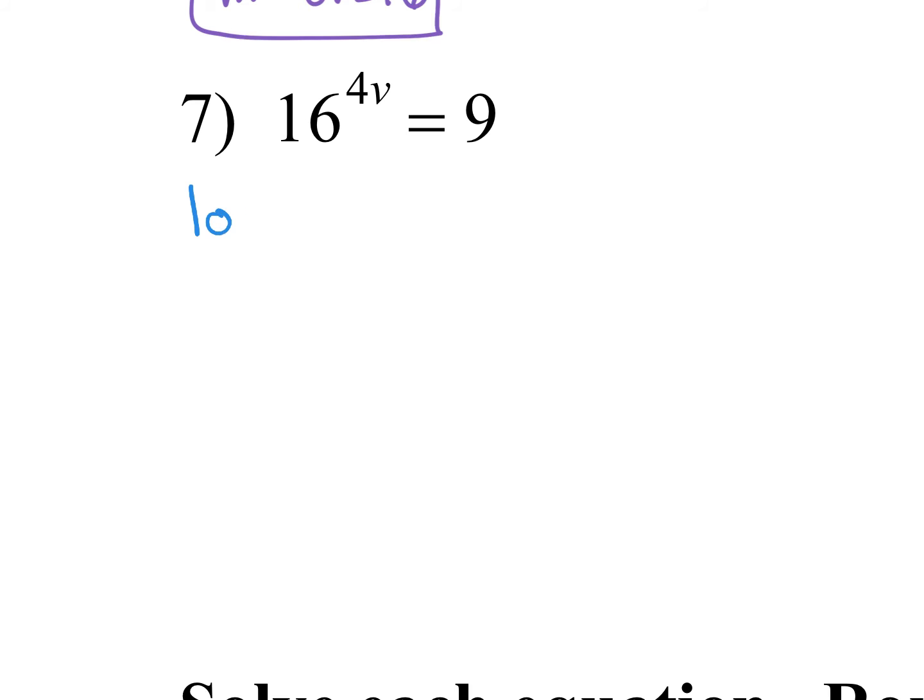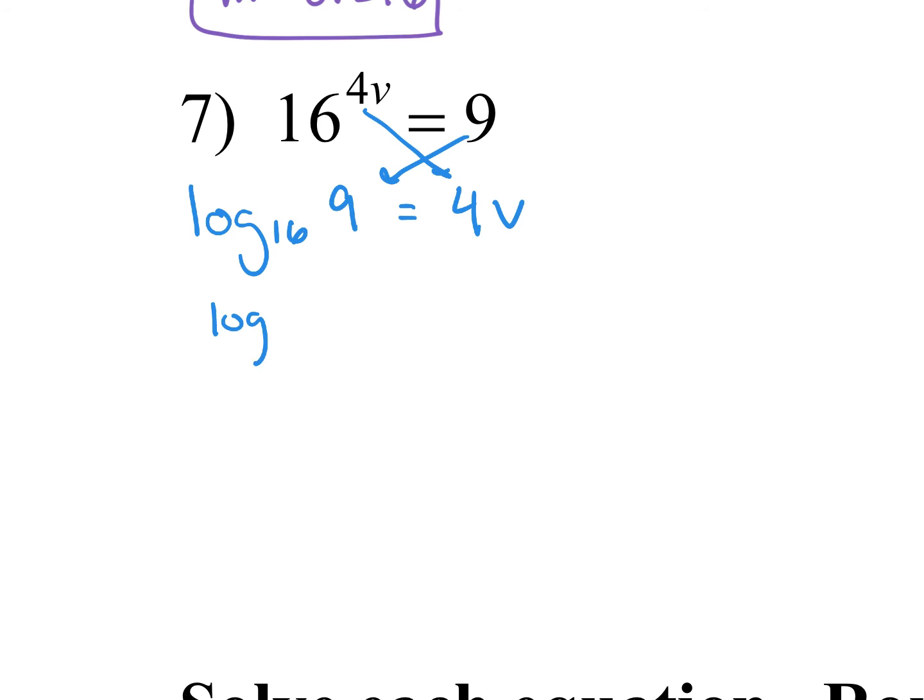So I put it into log form. So I start with the log. What's my base? 16. And then what would come next? 9. And what's it equal to? 4b.